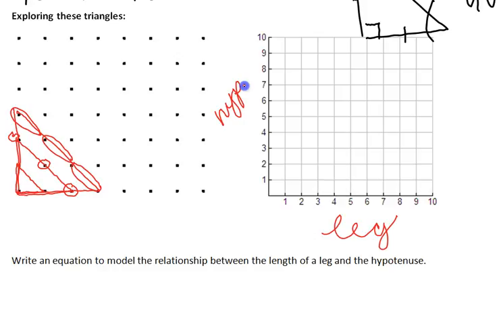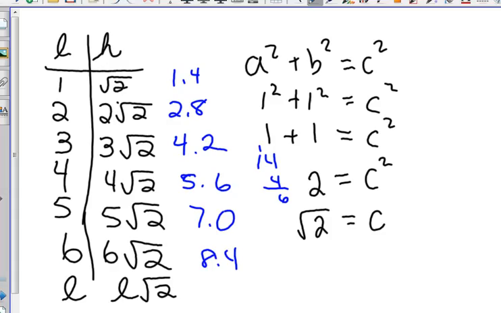Obviously, we're going to be estimating a little bit because we're graphing decimals. If a leg length is 1, what's the hypotenuse? 1.4. So we're going to plot that right in there. 2 gave us 2.8. Okay, my points are not looking good. You all keep going, and I'll see if I can make a better graph.